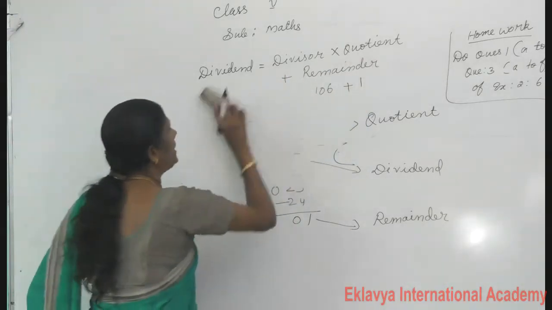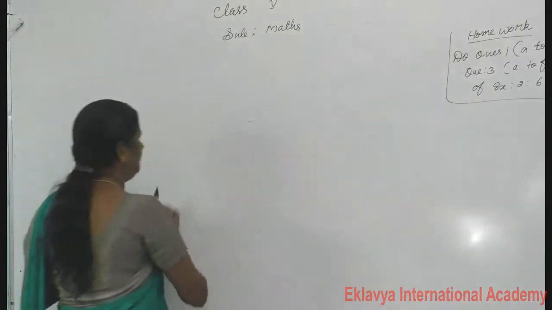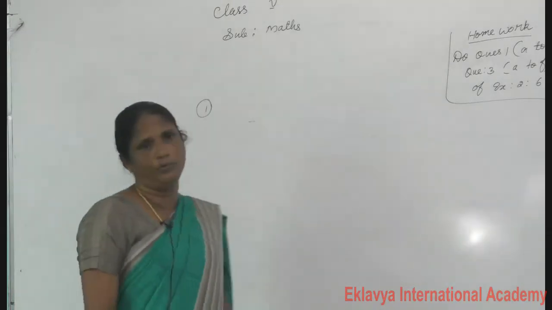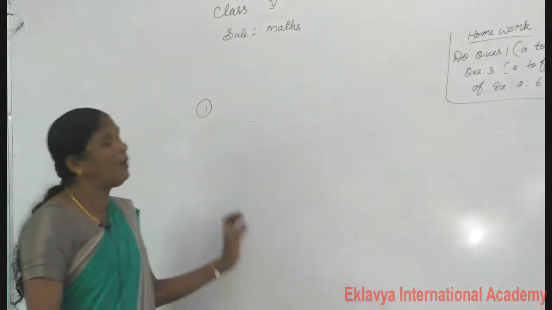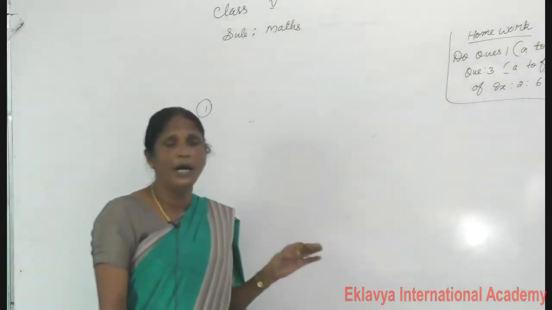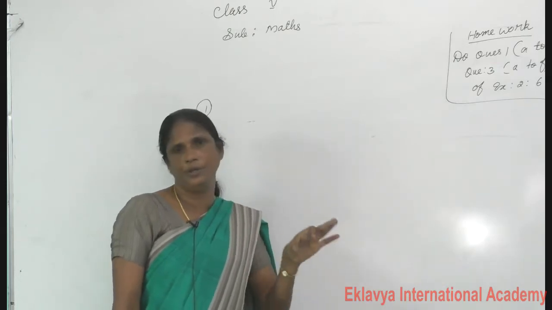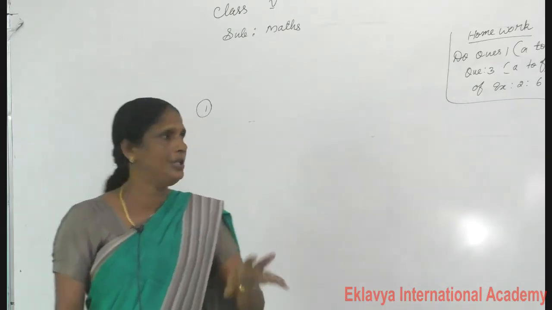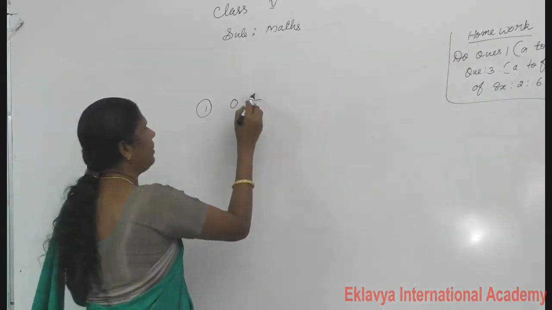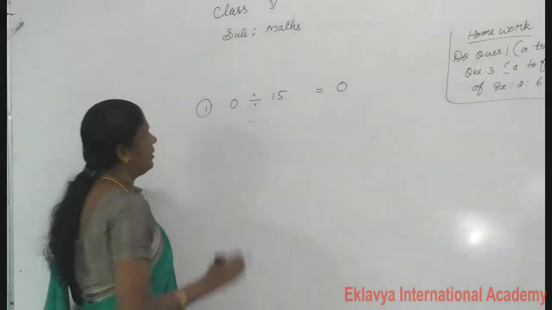Next, properties of division. First, the property of 0. 0 divided by any number, we get 0. For example, 0 divided by 15 is equal to 0.